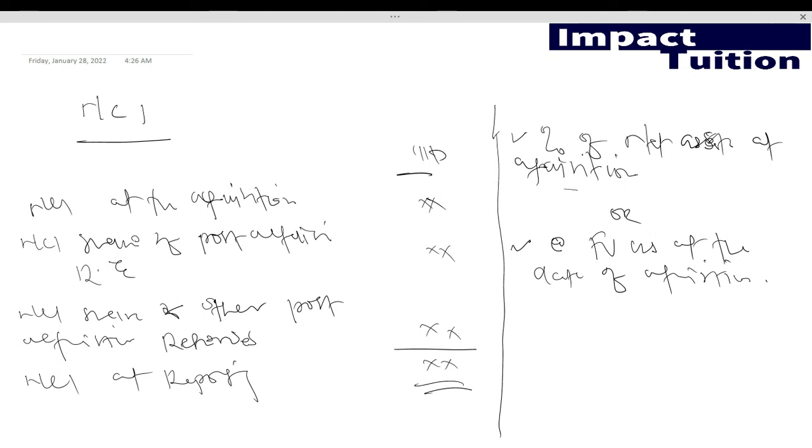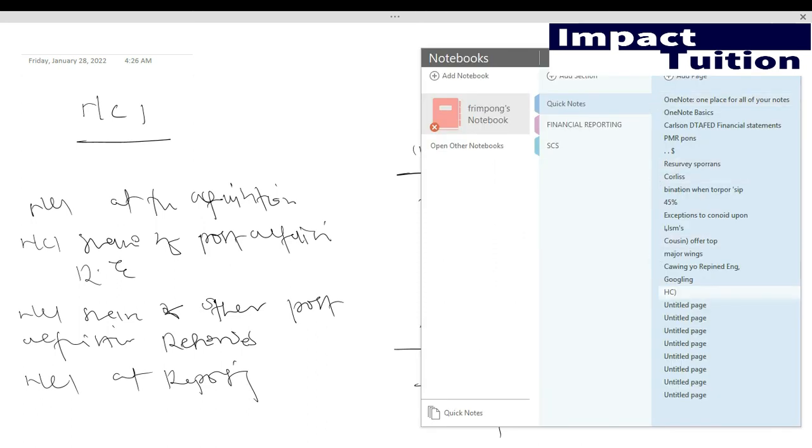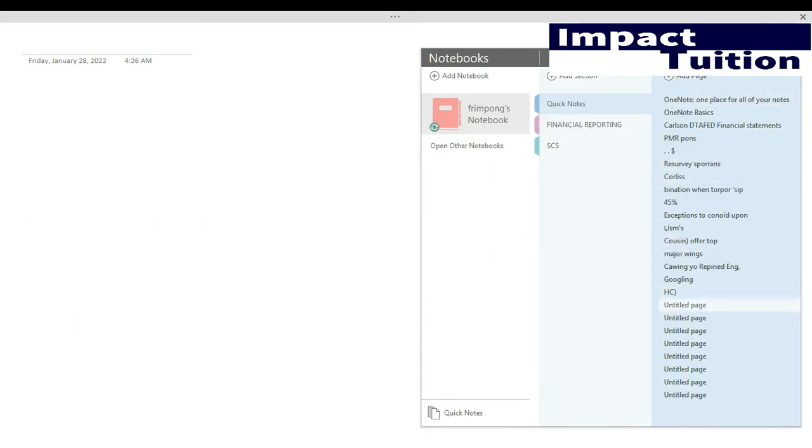With this method, you find the NCI's percentage of the subsidiary's net assets at reporting. It's as simple as that. So we are done with calculations for our major workings.